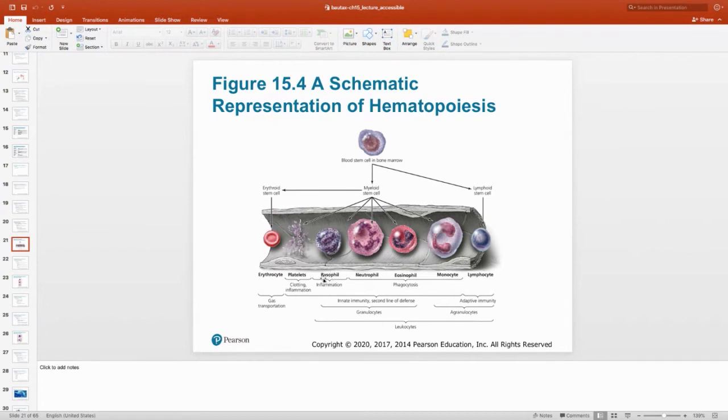When we look at these together, the basophil, the neutrophil, the eosinophil, the monocyte and the lymphocyte, all together we call them leukocytes. Sometimes we refer to these as white blood cells. The white blood cells are different from a red blood cell in a number of ways. One, they have a nucleus. The red blood cell loses its nucleus before it becomes activated in the body to carry oxygen around.